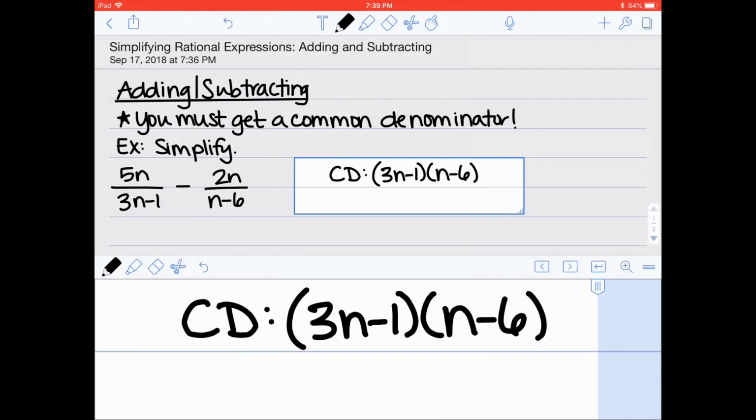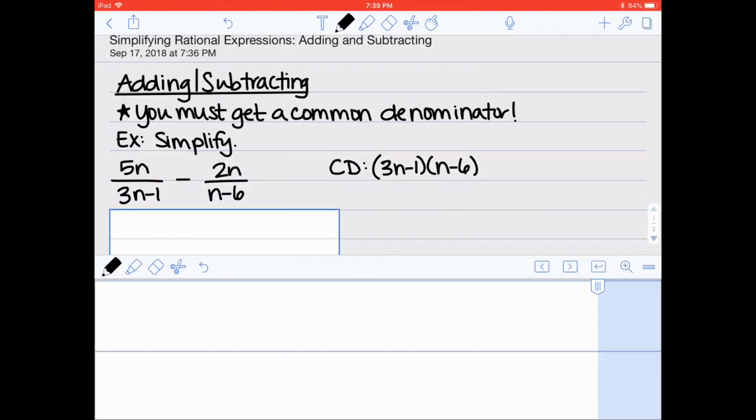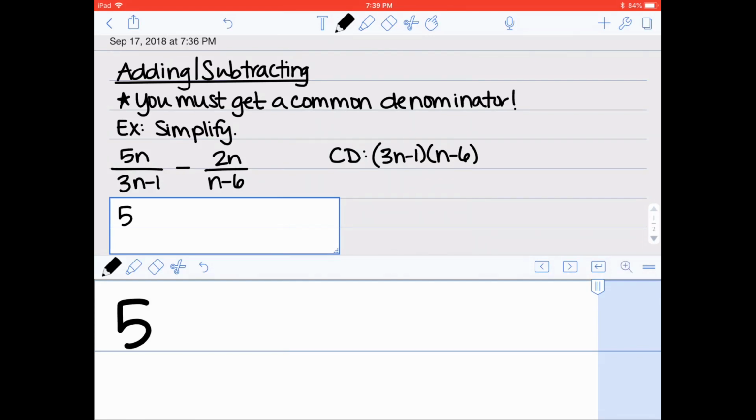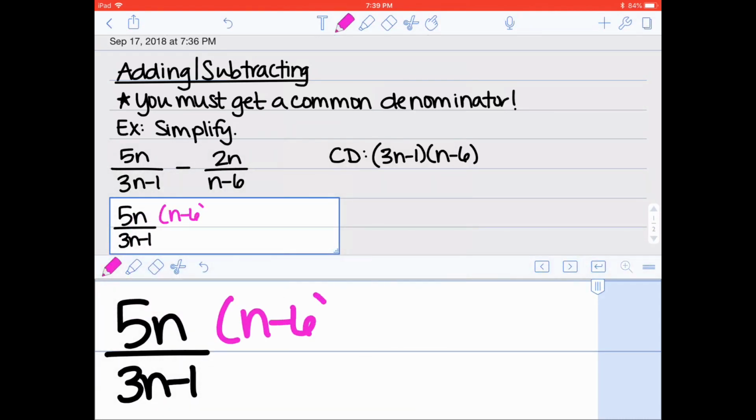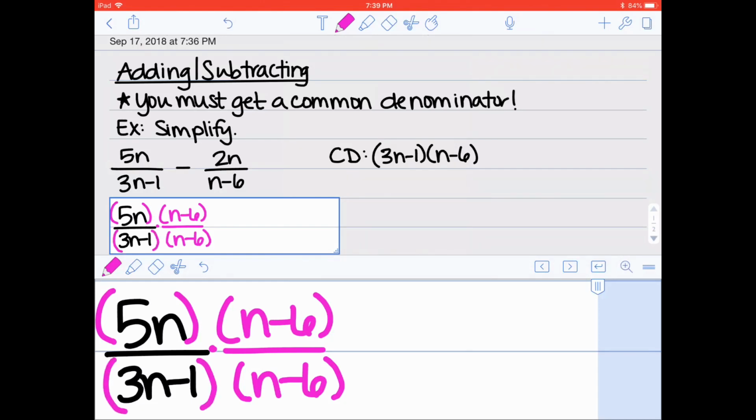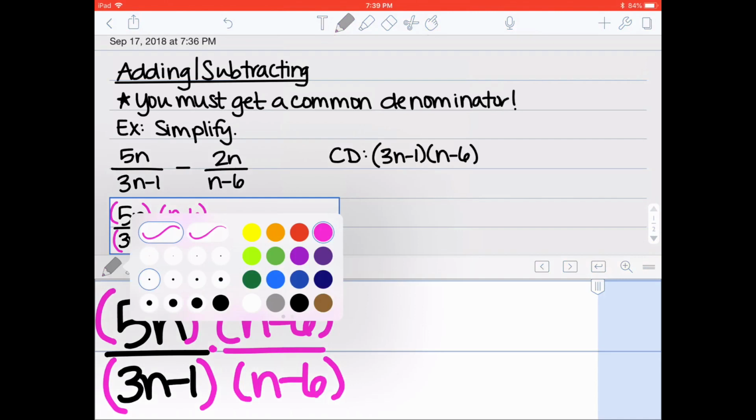So that means that what I need to do is take that first fraction, the 5n over 3n minus 1, and multiply it by n minus 6 over n minus 6. I'm going to change what the fraction looks like, but since I'm multiplying it by 1, I'm not actually changing what it equals.